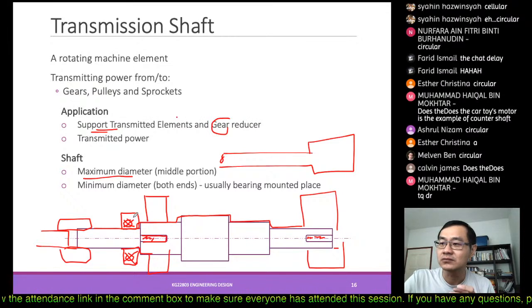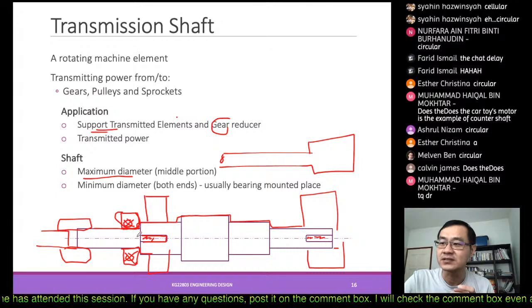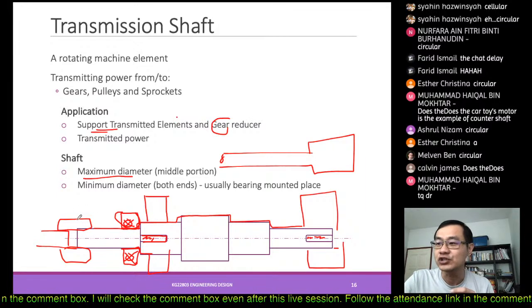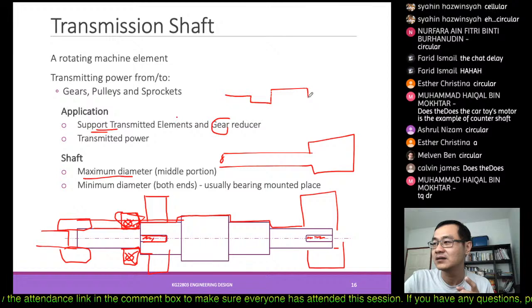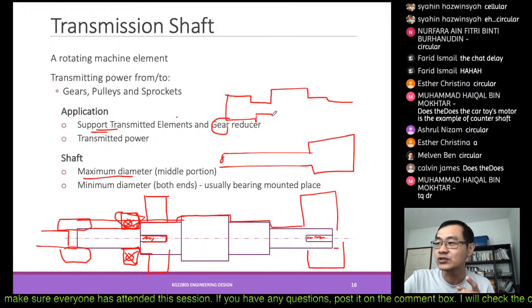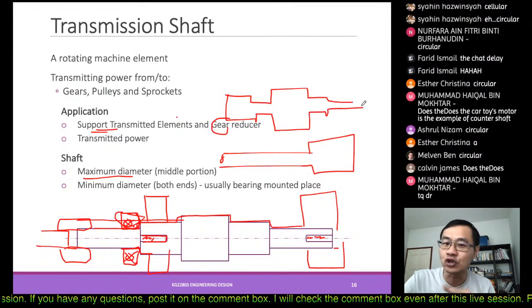Because these elements or gears have a fixed diameter. Whenever you push it in, you can only push in from one direction. If we have a design of shaft like this, some of the parts actually cannot go in.